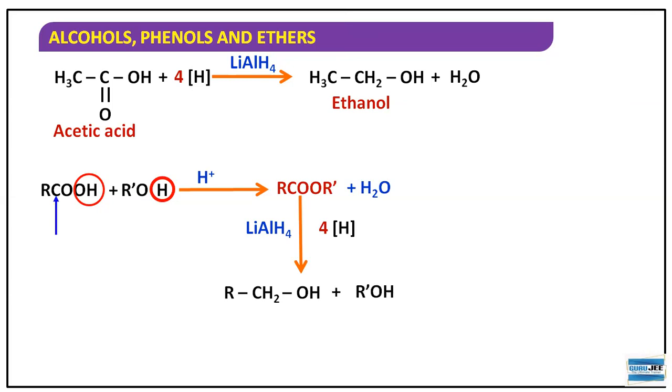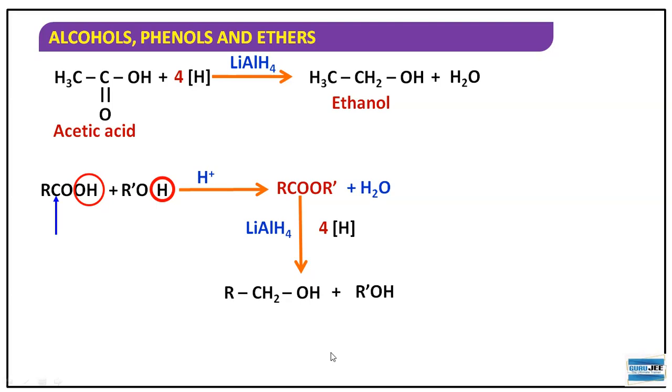Both alcohols are given, so it will be a mixture of alcohols. So to make the same kind of alcohol, what are you going to do? Ma'am, the carboxylic acid and the alcohol that we're using should be the same, symmetrical.